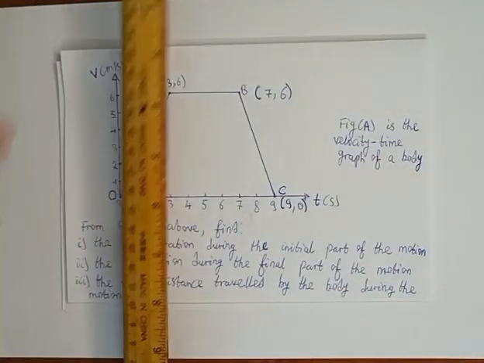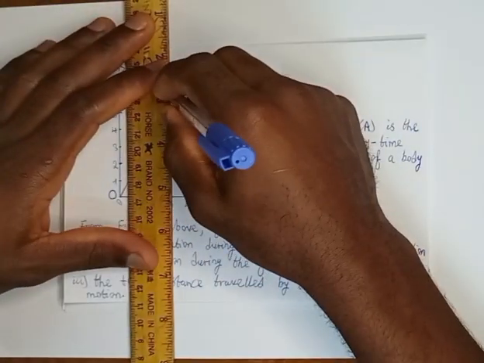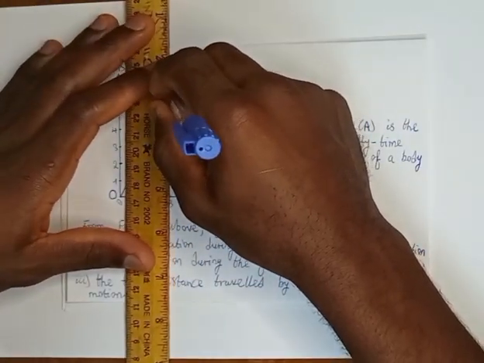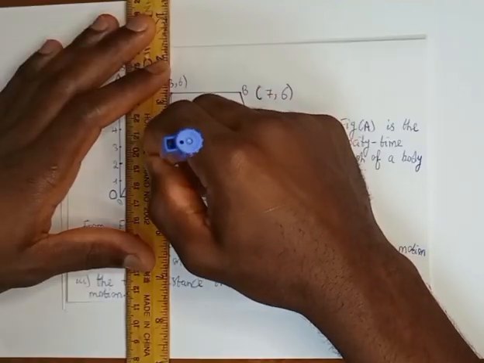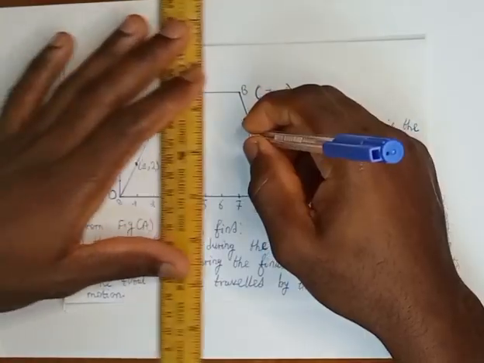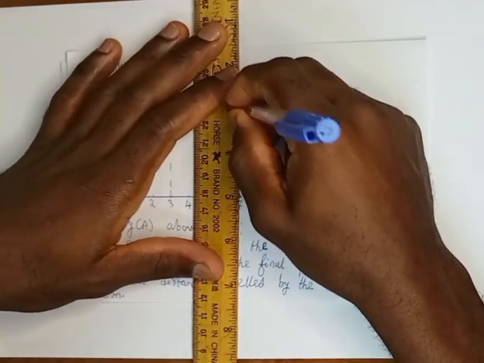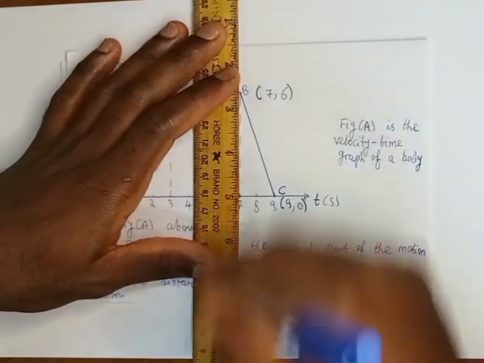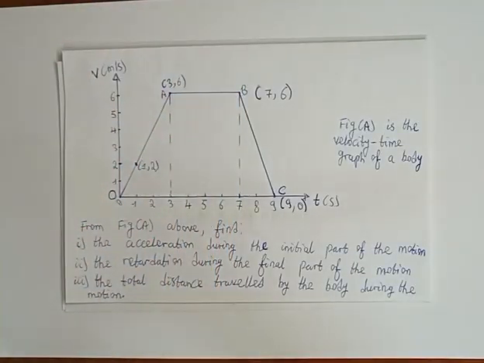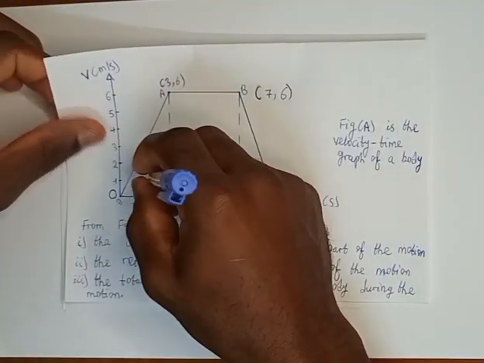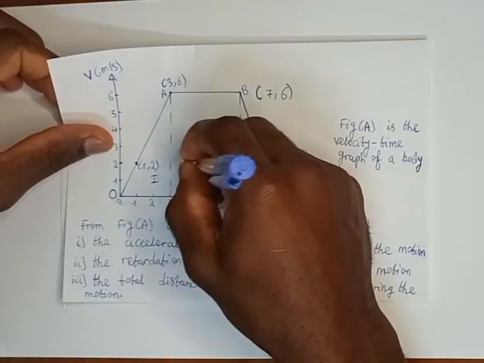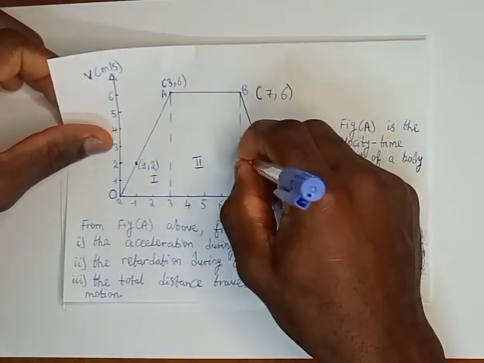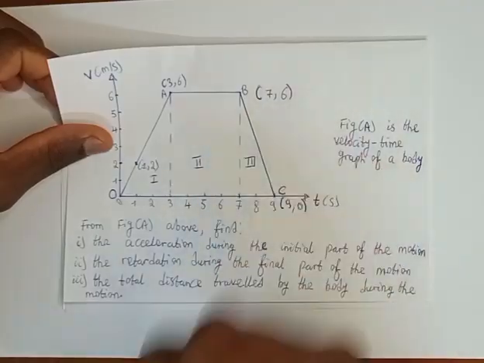So let's split them. This is a triangle, so we can call this one 1, we call this 2, then we call this 3.